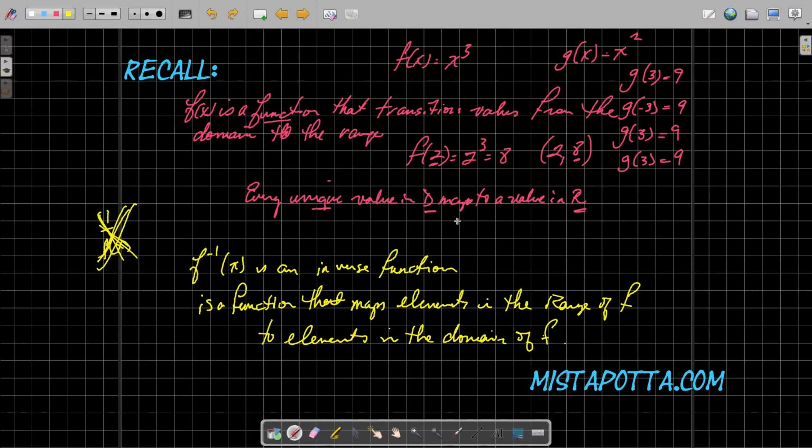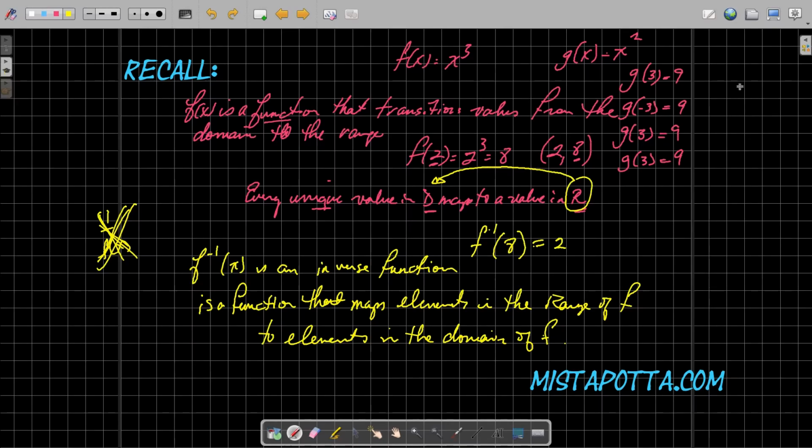In other words, I'm going to be starting off here and getting numbers here. In other words, if I'm doing f inverse, that means I have to start off with a range number like 8. And I'm basically saying what cubed gives me 8. In this case, 2 cubed gives me 8.